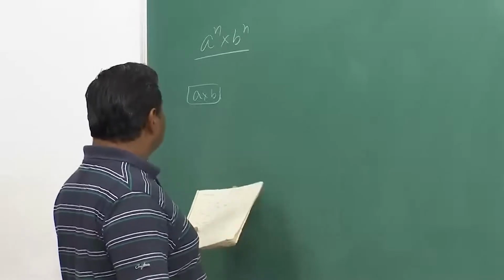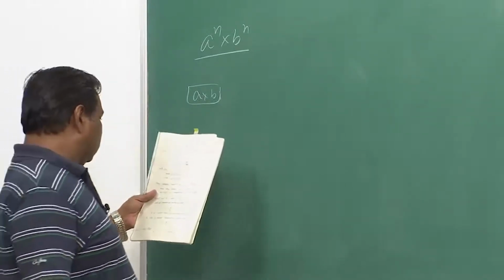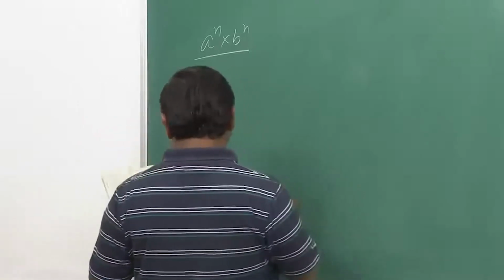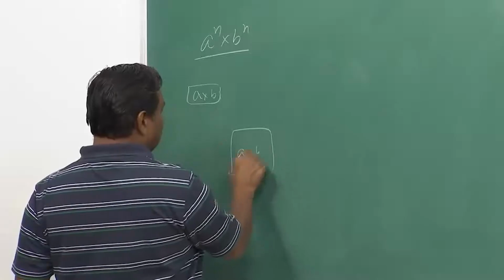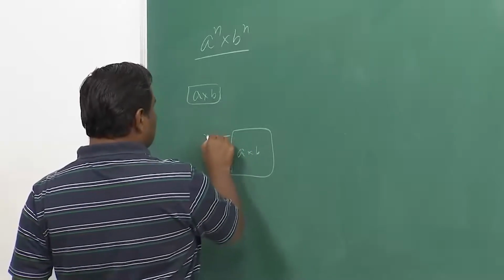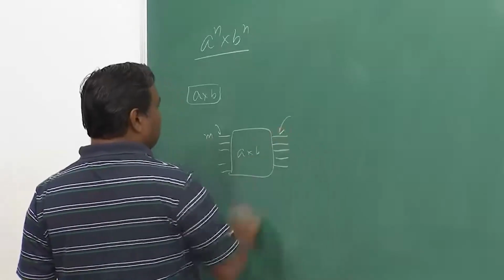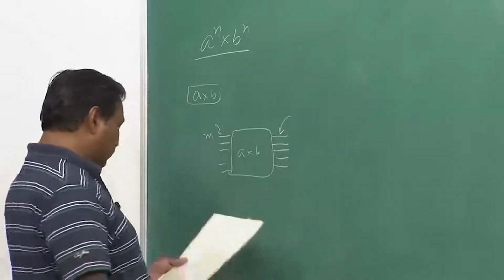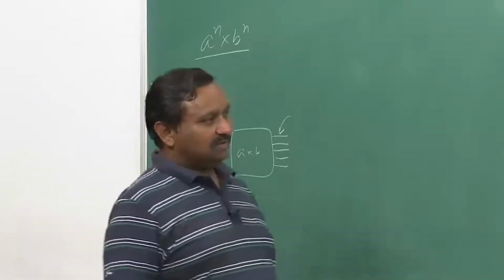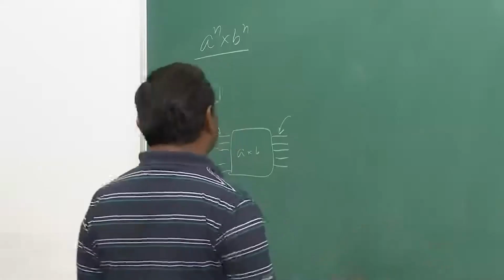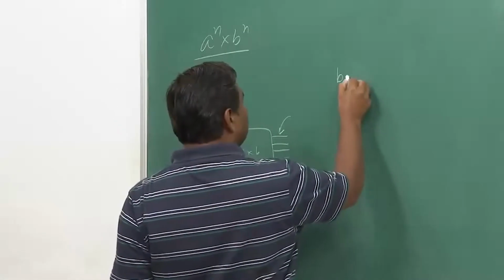So, we can take the crossbar result for a by b. So, a by b is a crossbar. The arrival rate at the input is m, so what is the outgoing rate that we need to compute? We can use the same kind of computation which we did.